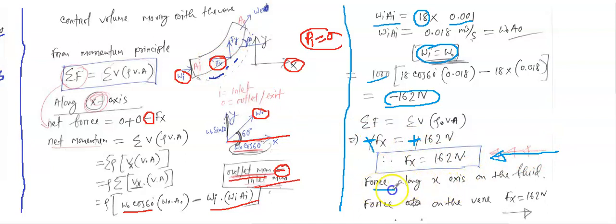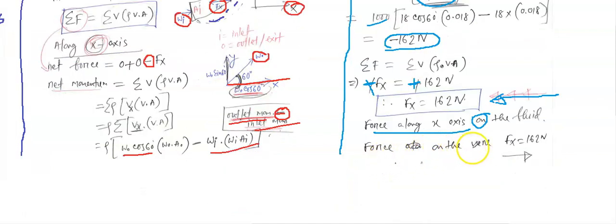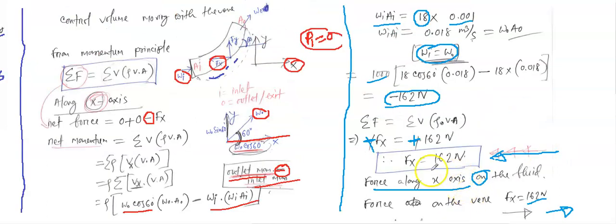This is the force along the x-axis on the fluid by the vane. So there should be an equal force on the vane by the fluid. The force on the vane Fx equals 162, but the direction should be opposite. This is very important.